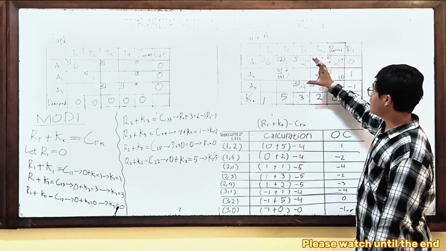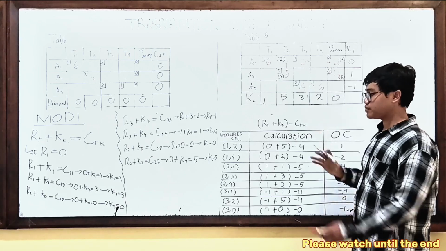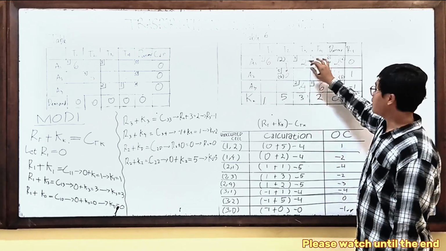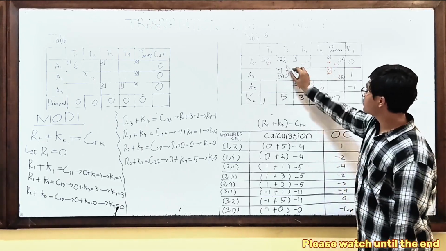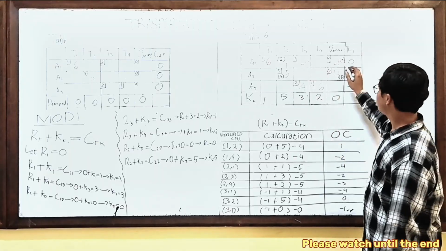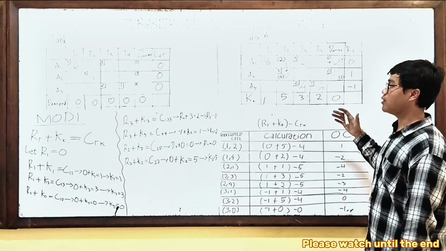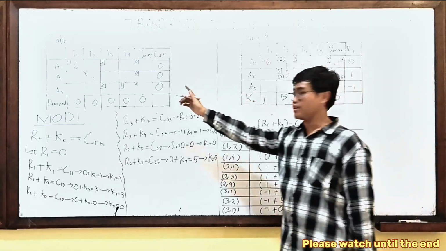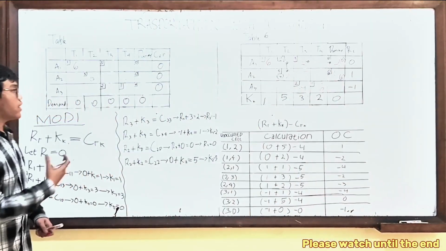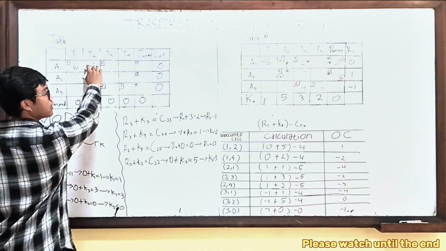So we do not take this value in this cell, and then we have 2, 4, 6, and 4 in this. That gives the value of this program.